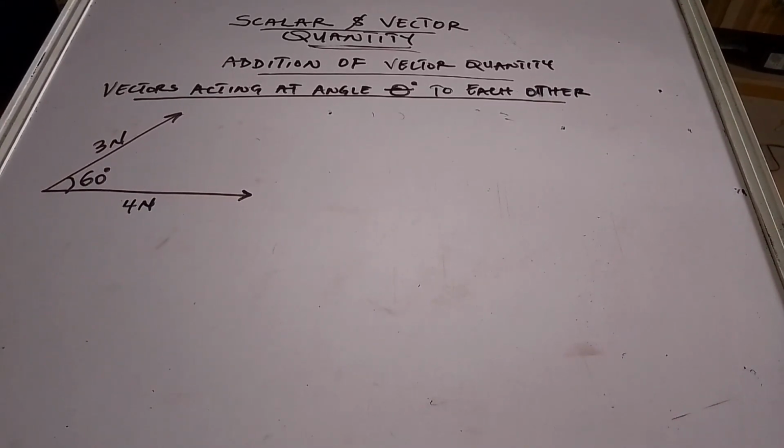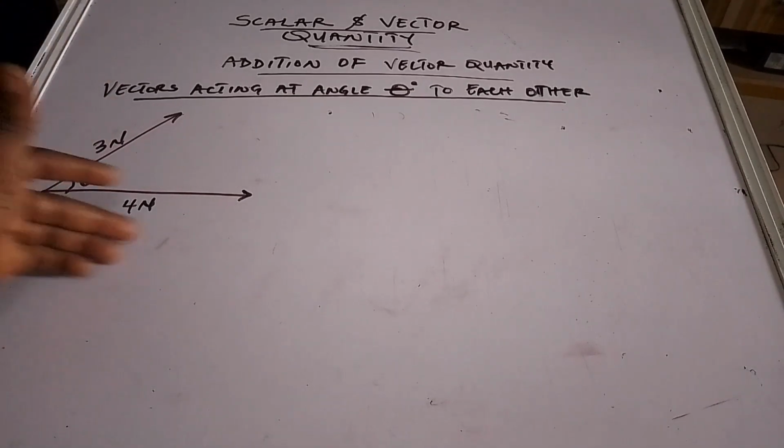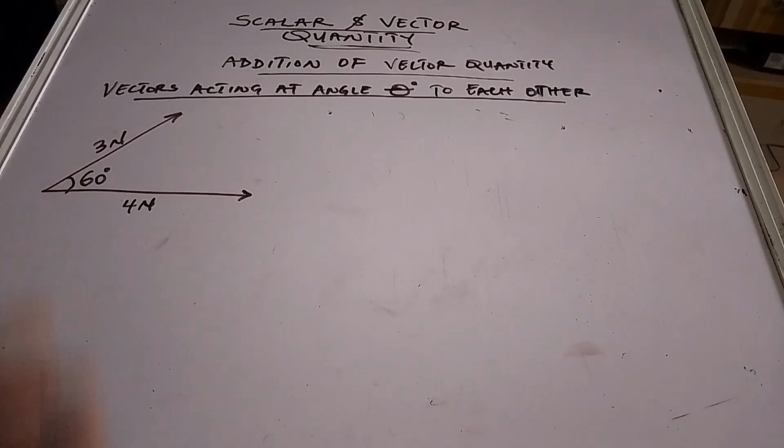So let's look at this example. Let's say we have two vectors of 3 Newton and 4 Newton acting at 60 degrees to each other. We want to find the resultant in magnitude and direction. First, you draw the diagonal from the point of intersection of these two vectors according to the parallelogram law.